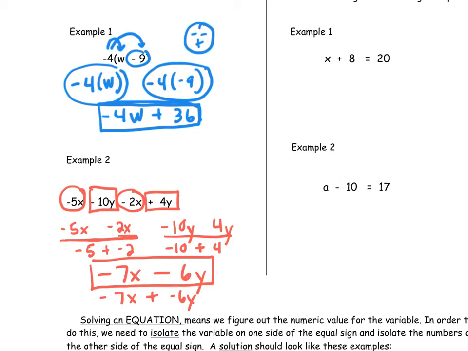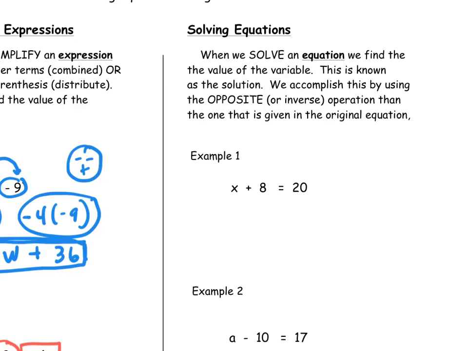So now let's go on to our new topic. Solving equations. When we solve an equation, we find the value of the variable. This is known as the solution. We accomplish this by using the opposite, what's known as the inverse operation, than the one that is given in the original equation.